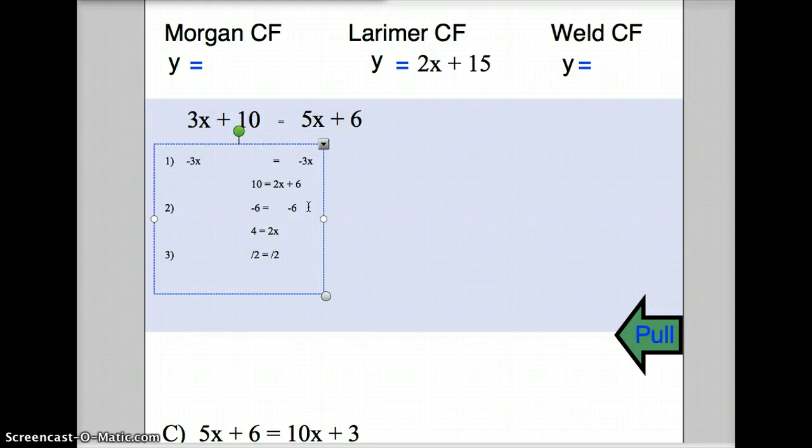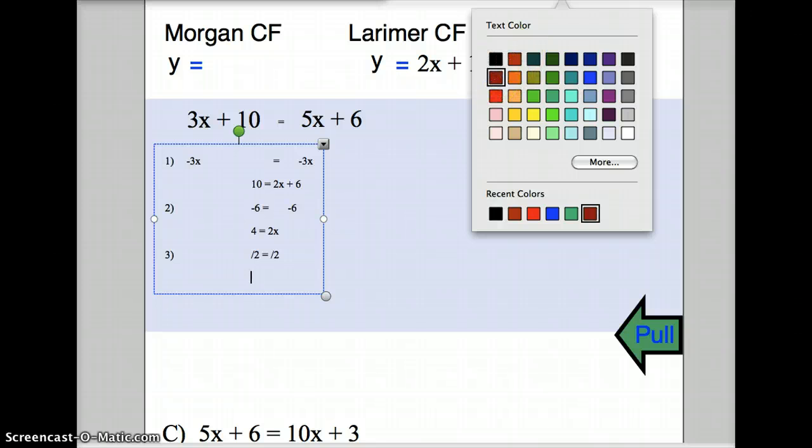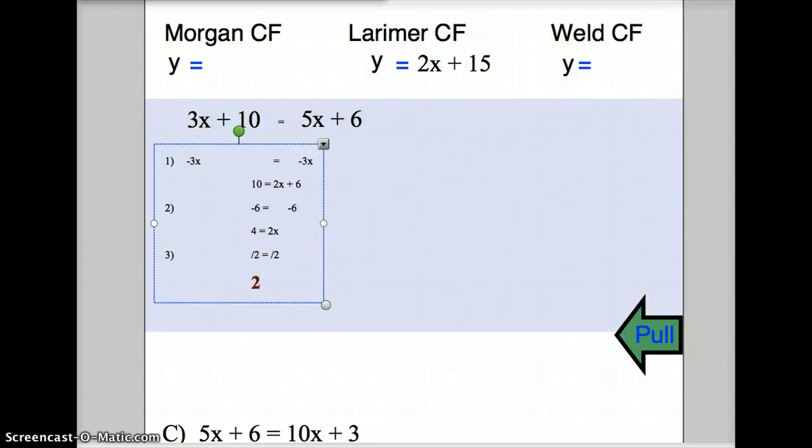When I do that, and let's make this one come out much bigger, and a nice pretty color, and bold. In this case, 2 equals x. Because 2x divided by 2, the 2's cancel, and 4 divided by 2 is 2.